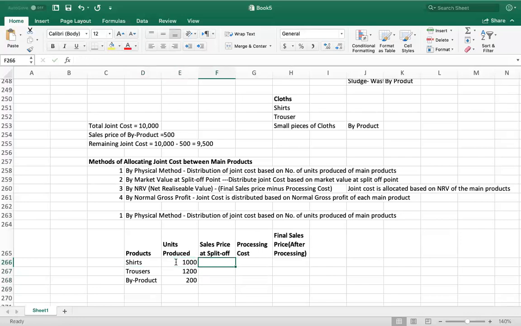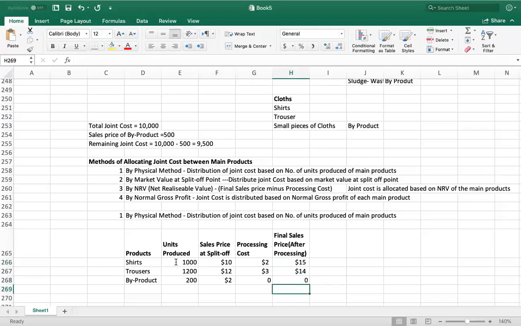Selling price is $10 here, $12 here, and $2 per unit here. Processing cost is $2, $3, and no processing cost. Final selling price is $15 per unit here, $14 per unit here, and 0 here.